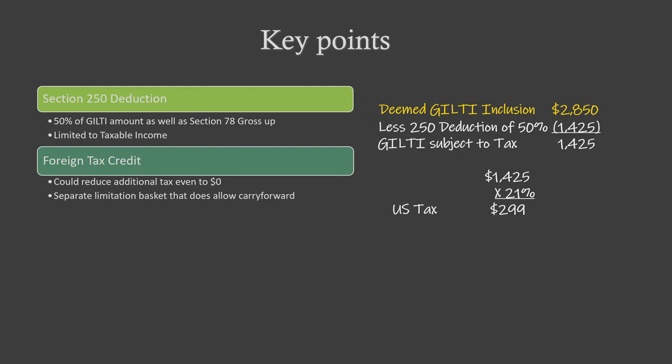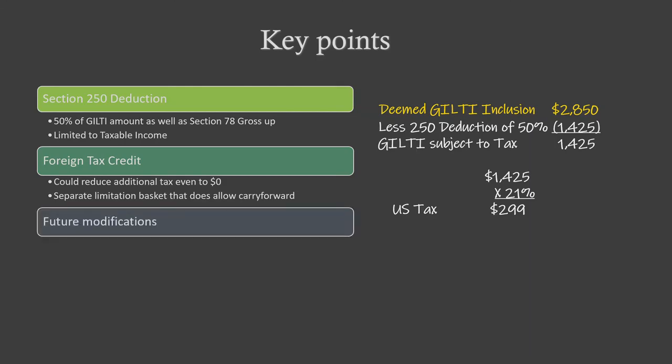One other thing to keep in mind though is that the foreign tax credit with respect to the GILTI inclusion is a separate limitation basket that does not allow for unused credits to be carried forward or back. So it can't be blended with other types of income like Subpart F or branch income, and any excess credits in this basket are lost if they are not benefited from in the year that they're generated. So very important. I will have additional videos on foreign tax credit mechanics.